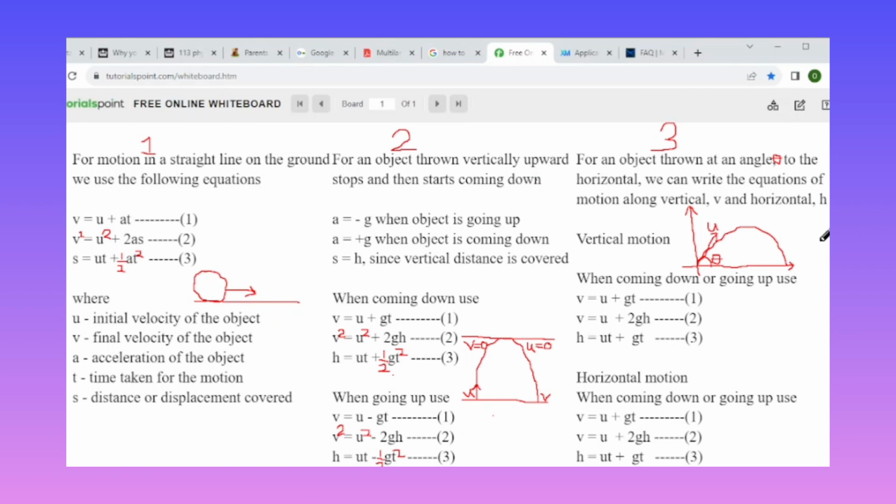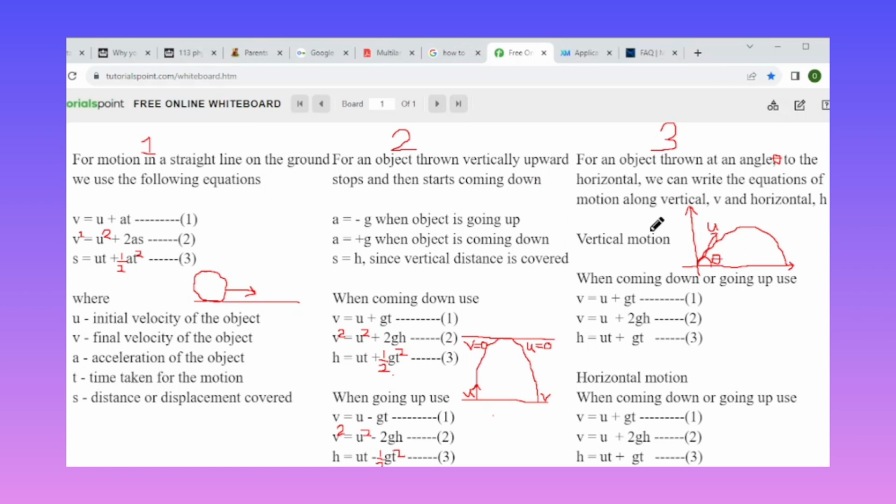This is because the object is performing two motions simultaneously, and that is the reason why the object is moving up and at the same time moving away from where it was thrown.